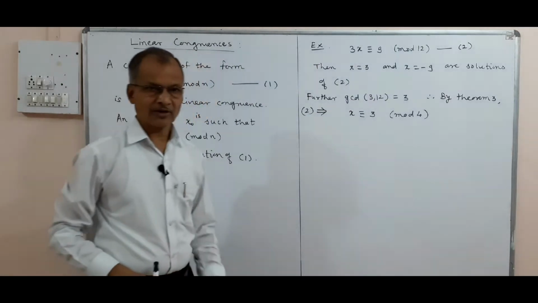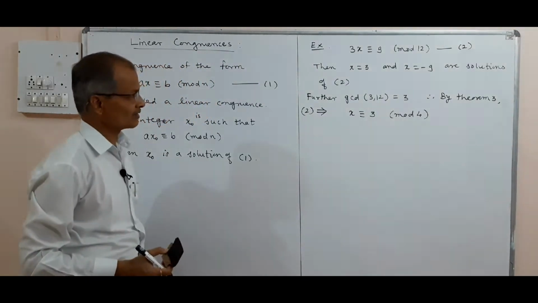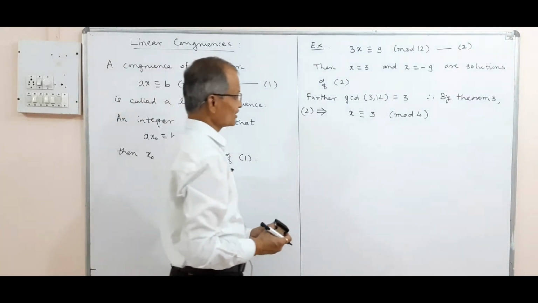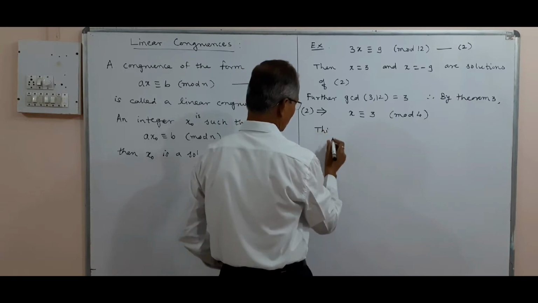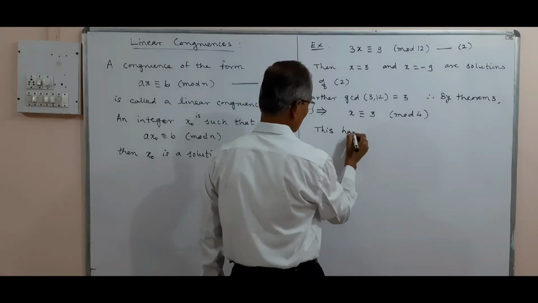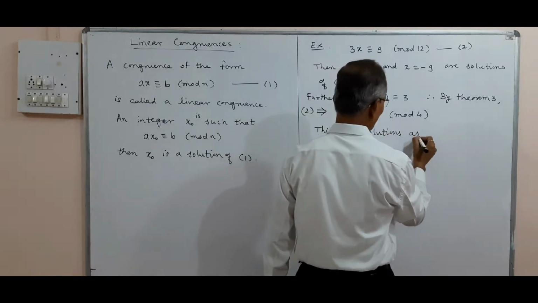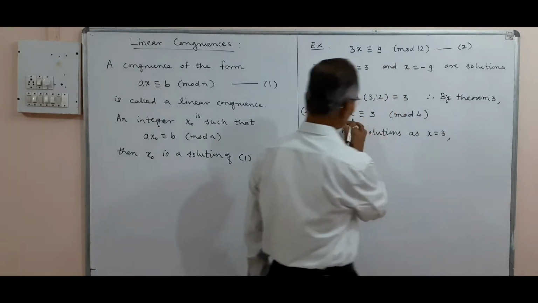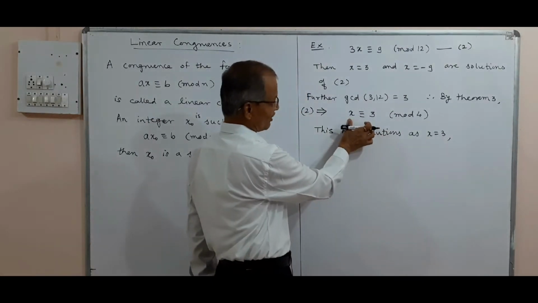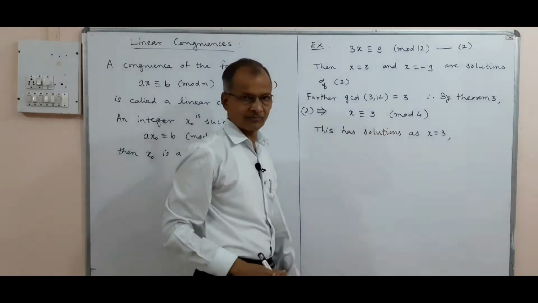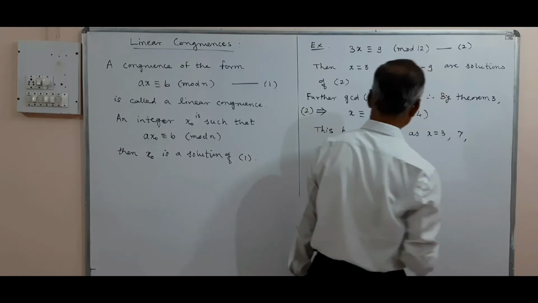Now it becomes simple, and the solution for this is x is equal to 3. One solution: 3 is congruent to 3 under mod 4. Again we say 7 is a solution because 4 divides 7 minus 3, that is 4 divides 4, and therefore x is equal to 7 is a solution.